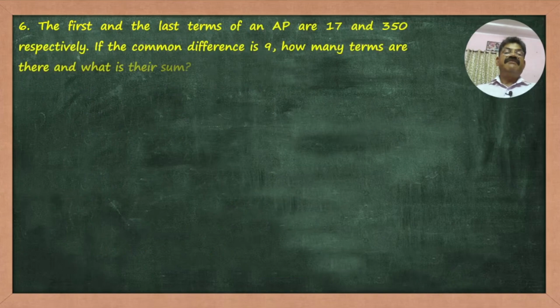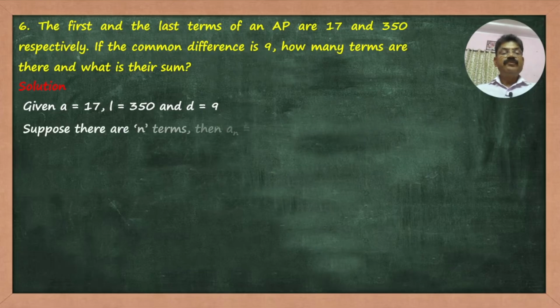Sixth problem. The first and the last terms of an arithmetic progression are 17 and 350 respectively. If the common difference is 9, how many terms are there and what is their sum? Okay. A is equal to 17, L is equal to 350 and D is equal to 9.